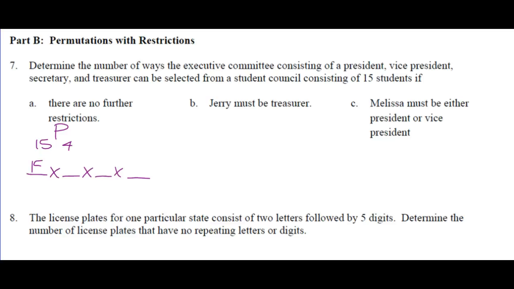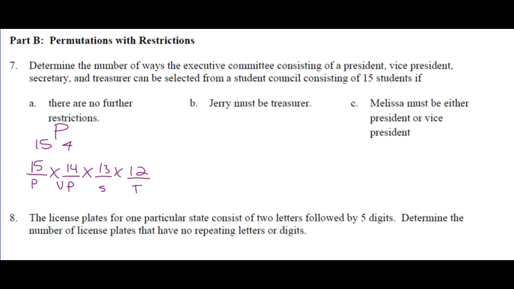I have 15 choices for president, vice president, secretary, treasurer. So it's 15 times 14 times 13 times 12. I know that 15P4 is 15 factorial over 11 factorial, which is 15 times 14 times 13 times 12. So they are the same way of expressing it.